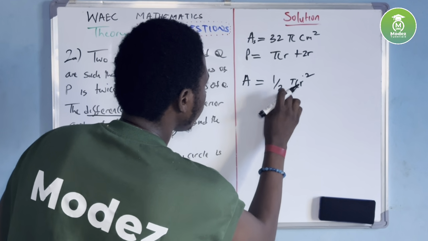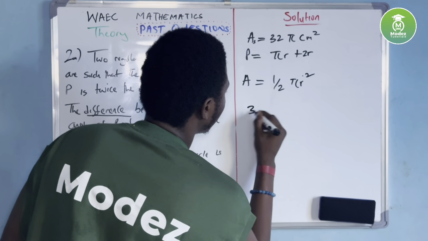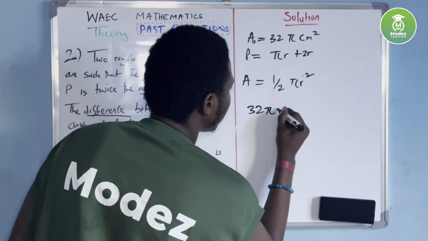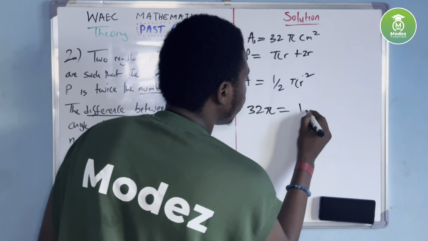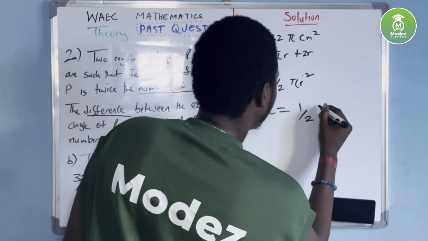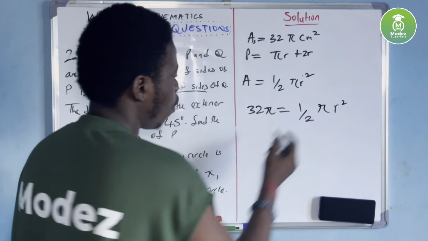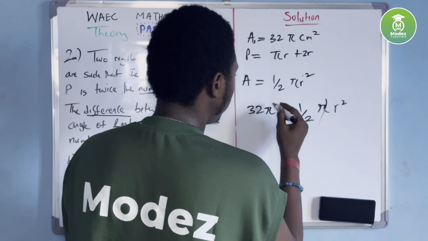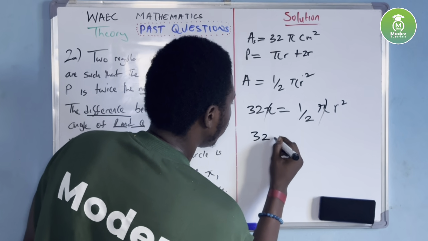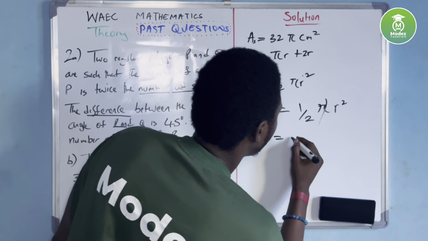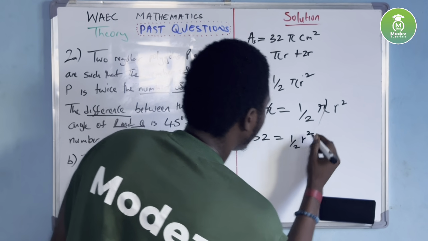Now, since we have the area which is 32 pi, 32 pi will be equal to 1 over 2 pi r square. Now, pi is on both sides, so we can cancel both sides. So we have 32 equals 1 over 2 r square.